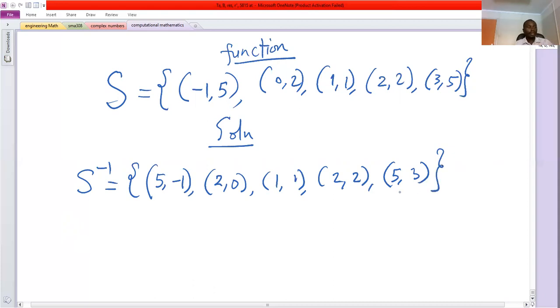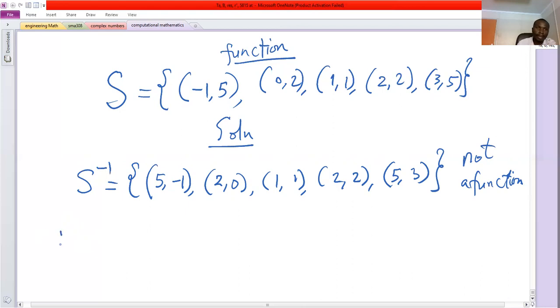So 5, 2, 1, 2, 5. So 5, 5, but minus 1 and 3 are different numbers. Same first members, different second members in distinct pairs. So this is not a function. So this is also an example whereby the relation is a function, but its inverse is not a function.